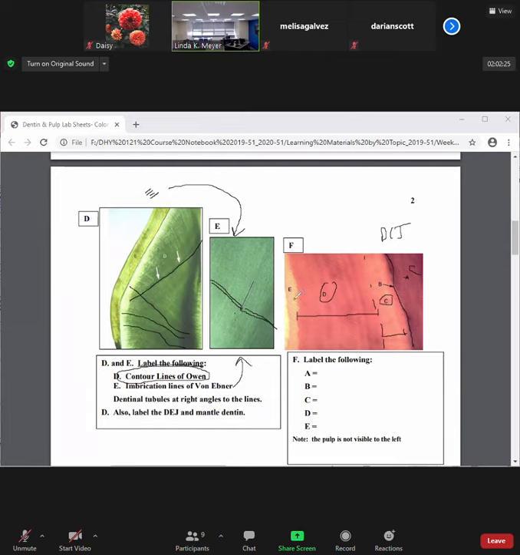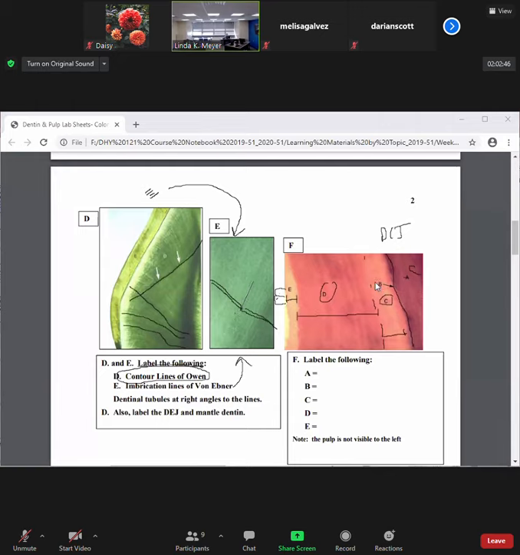Then the last layer that's not mineralized yet, what's that again? That's the predentin. Predentin. Yeah, good. And then not shown, cut off, would be where the odontoblast cell bodies are in the pulp.